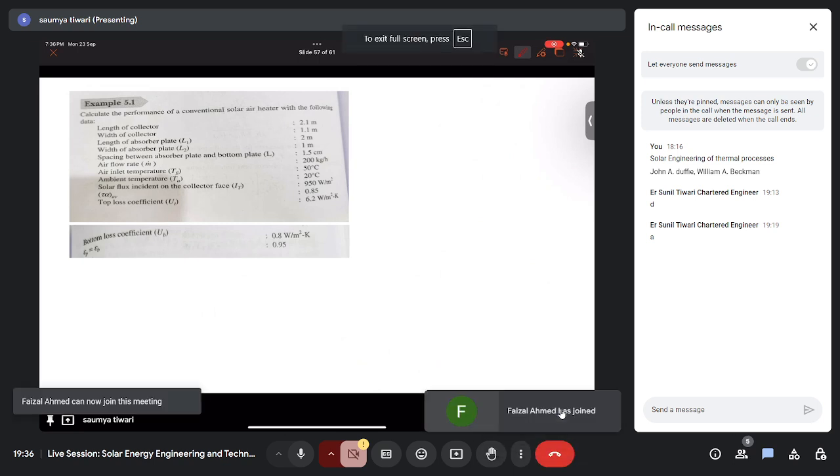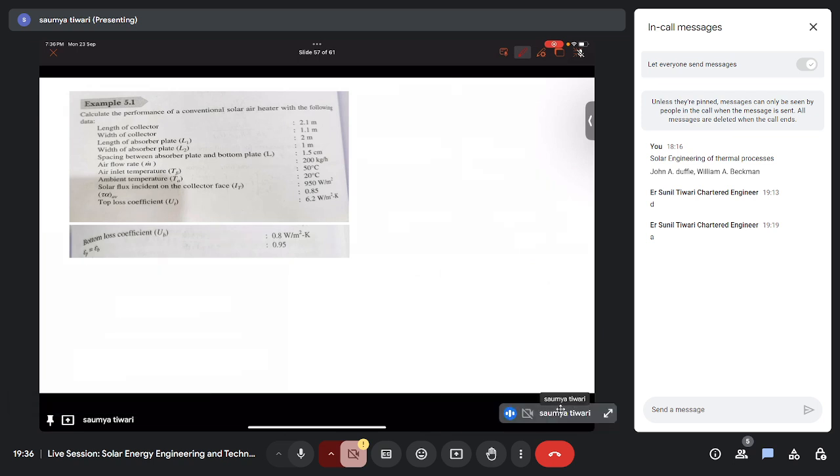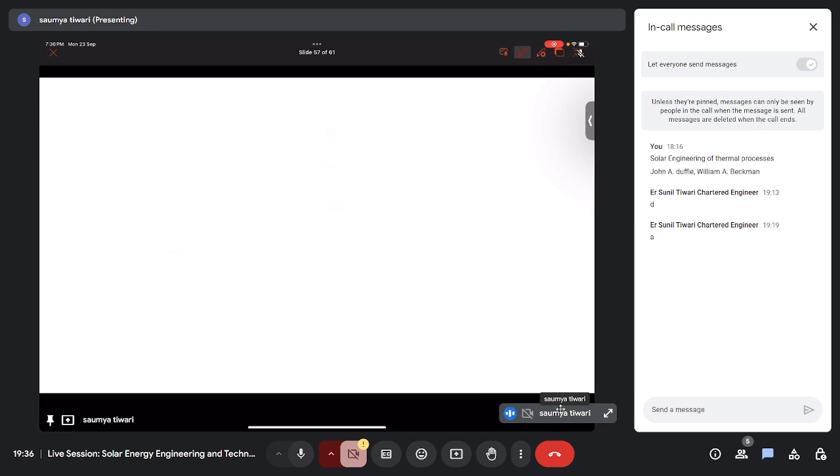This question will basically clear all your doubts on how to calculate the performance parameter of a solar air heater in actual application scenarios. I will solve this question because it's very lengthy and will take some time, so I request you all to solve side by side.